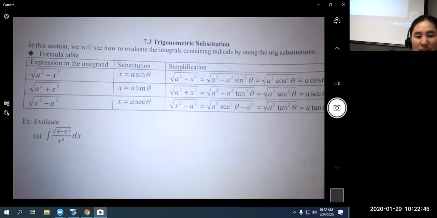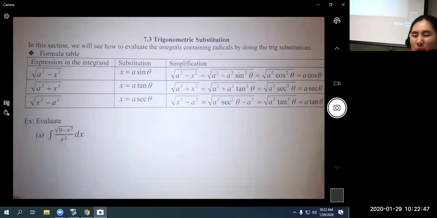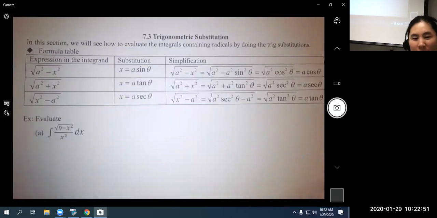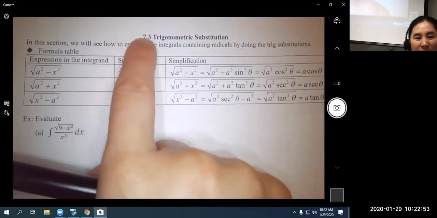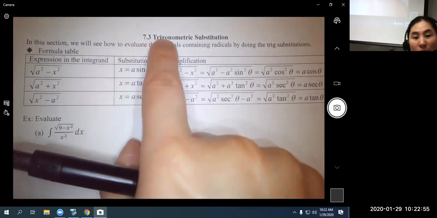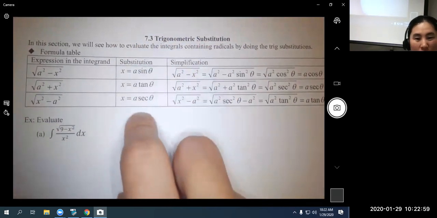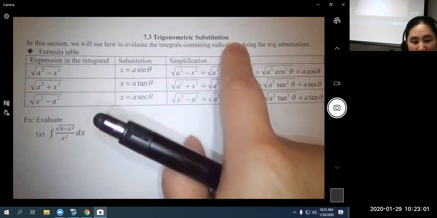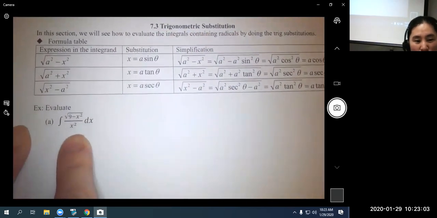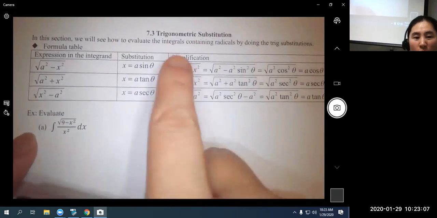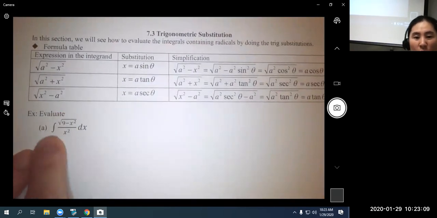Okay, section 7.3. If you get the idea, you feel this is not that hard, but if you don't get the idea, you still feel this is a challenging section. So in section 7.3, we're still involving trigonometric substitution, okay? We are going to evaluate integrals involving radical expressions.